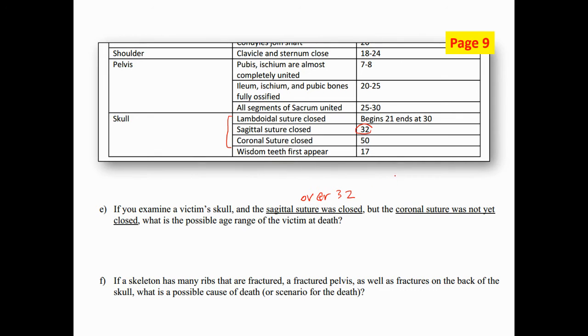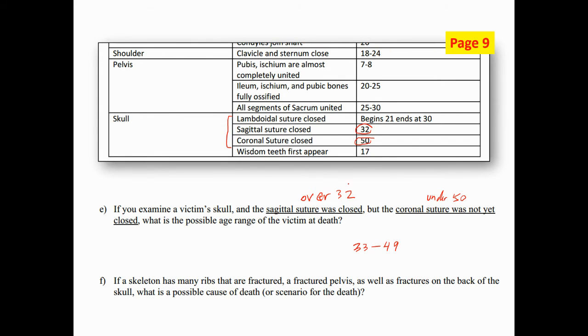The coronal suture was not yet closed. The coronal suture closes at 50. So they are under 50. So now we've got a pretty good range for this person's age. They were between, let's say, 33 to 49 years old when they died. Could they have been 32 or 31? Yes, these are averages.